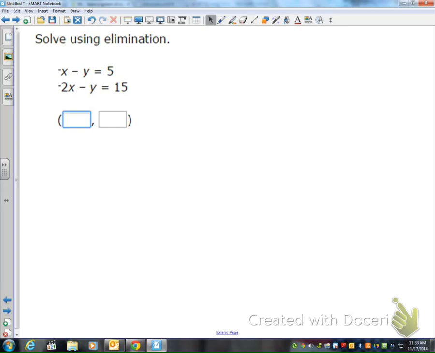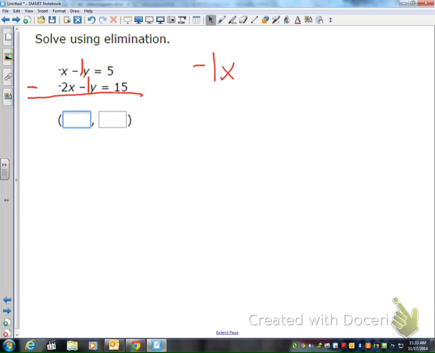Now, elimination we're going to do by adding or subtracting the two equations with each other. If you look at these two equations, one thing you'll notice is that both of them include negative 1y, which means since they have the exact same number in front of y, this is a good one to solve by subtracting. Now let me show you how this is done.